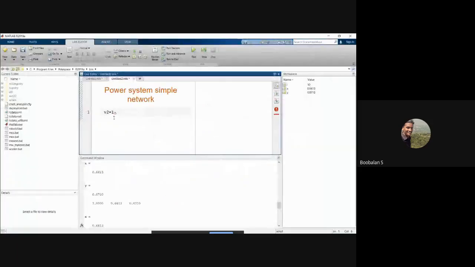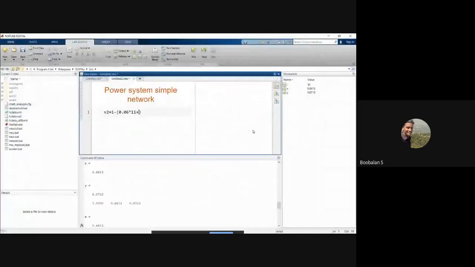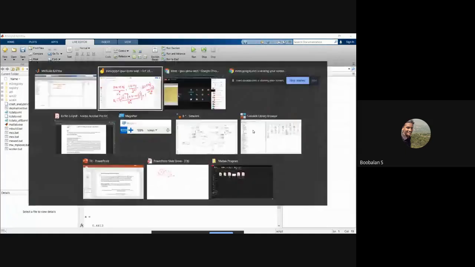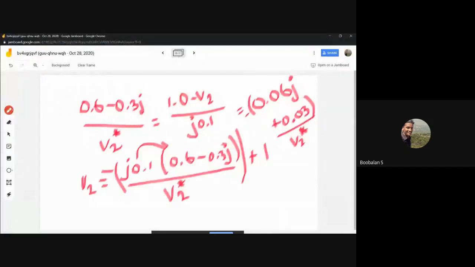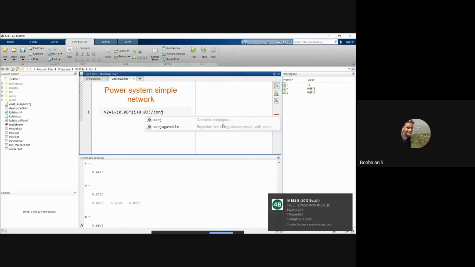Correct? Am I right? 0.06j has a minus outside in total. So 1 minus, in brackets, what should we do instead of 0.06j? 1i. Instead of j we need to use 1i. 0.06j and plus 0.03, check it. 0.03 whole divided by v2 complex conjugate. The function for conjugate in my MATLAB is CONJ, that is why, complex conjugate.